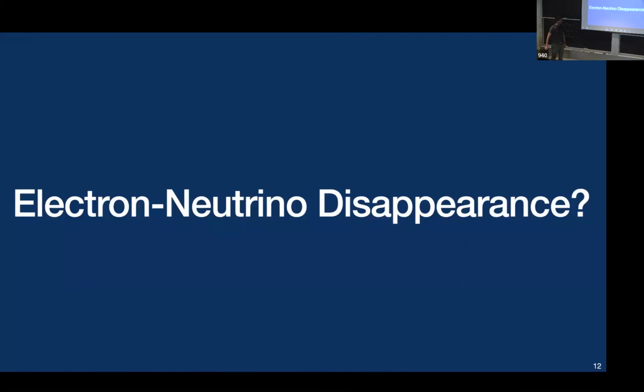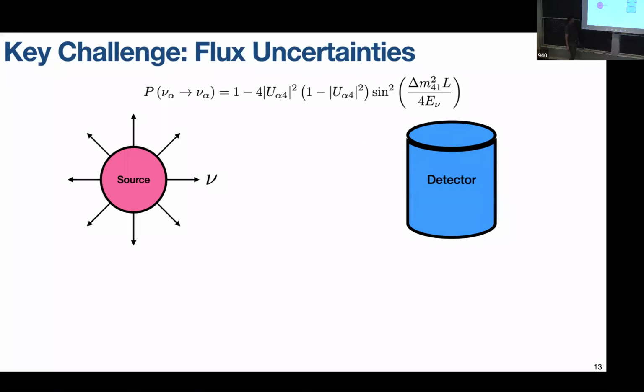So let me first give the rapid update to what's been going on with searches for electron neutrino disappearance at the same L/E. Well, the best way to do that is measurements of reactor antineutrinos. So either research reactors or actual commercial nuclear reactors produce a whole lot of electron type antineutrinos, and people have gotten smart about building detectors that can go very close to them.